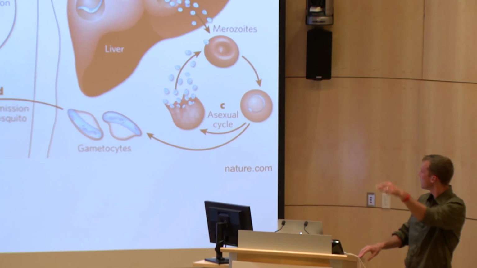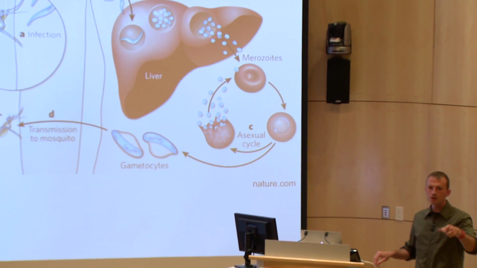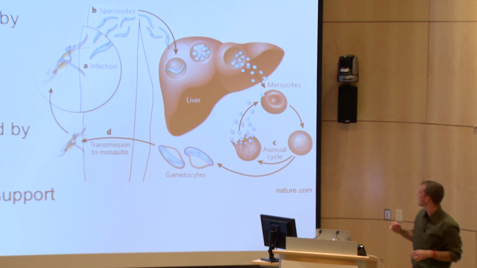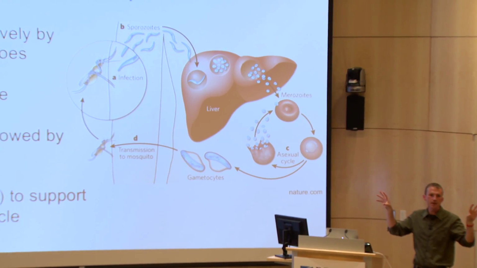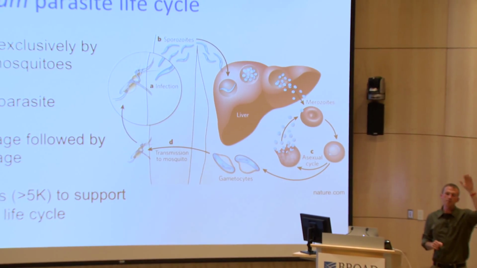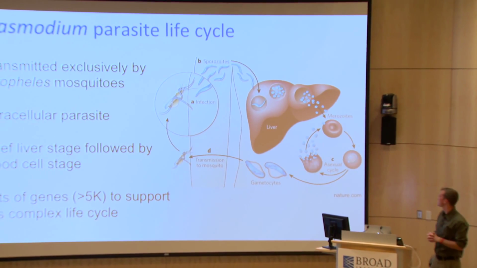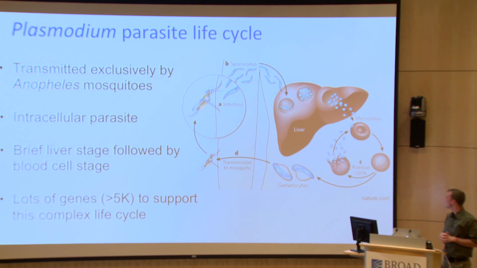Because they can undergo this cycle in red cells of invading, replicating, and then bursting those cells, and then all the progeny go reinvade other red cells, they can build their population up to an enormous level within your body and cause anemia and a host of all the other symptoms that I previously mentioned.